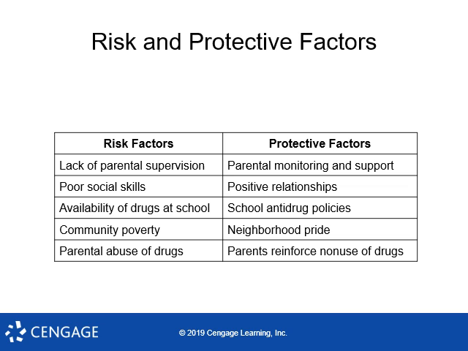School anti-drug policies have been shown to have a positive effect in minimizing the amount of substance abuse that occurs in a community. Neighborhood pride, and that usually stems from activities in the school system itself. And parents that are on top and not necessarily preaching, but also practicing what they preach as far as non-use of drugs.